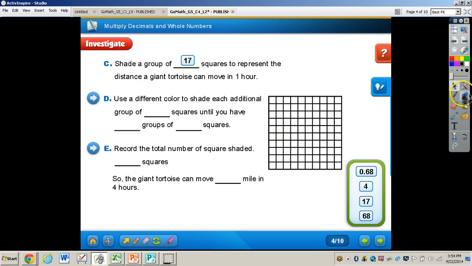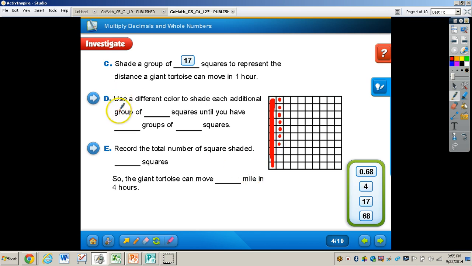So let's shade in 17 of these, and I'm going to use a little bit larger of an ink. Okay, so 17/100ths will equal a whole column here. So that's a 10th or 10/100ths, and then 7 more. 1, 2, 3, 4, 5, 6, 7.